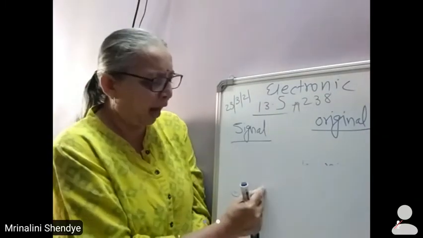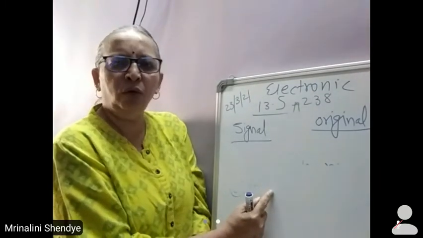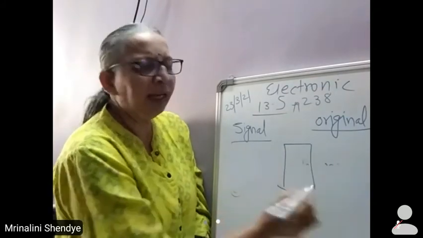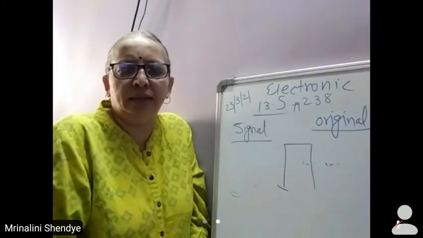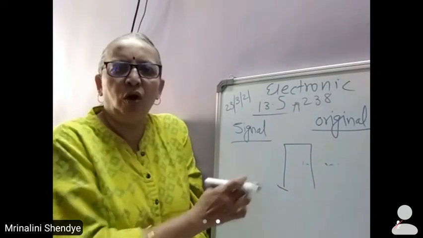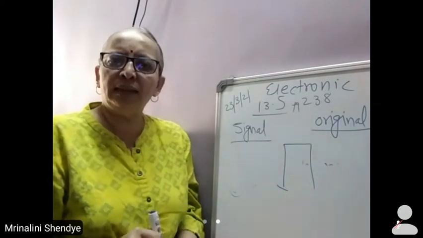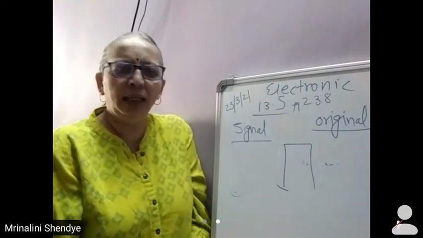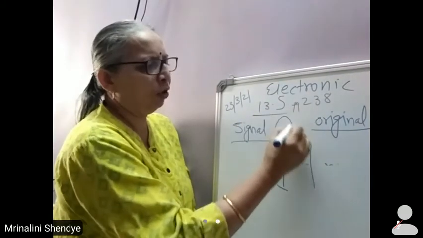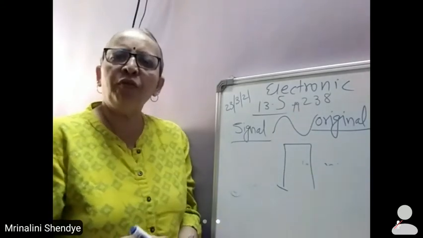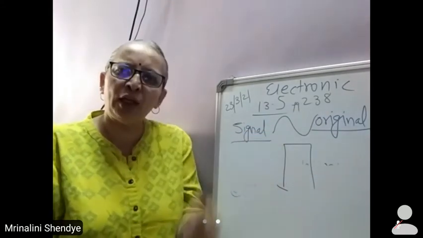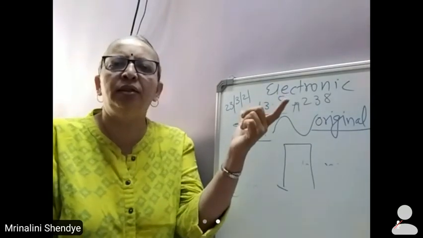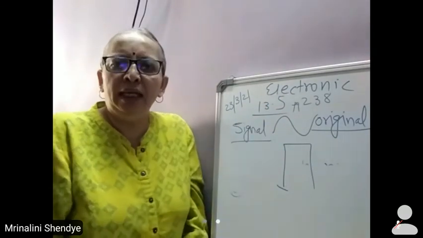It will be either 0 as minimum value or it has maximum value. It has discrete levels. So such is called digital signal. Nowadays, we are using digital electronic systems. Earlier, it was analog electronic systems. Still, for a few purposes, we are using analog electronic systems, no doubt. But digital electronic systems have taken the lead nowadays.